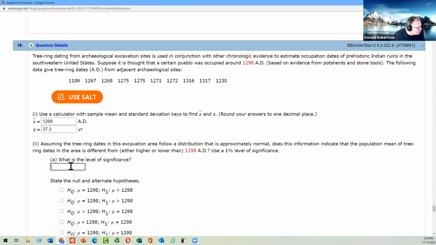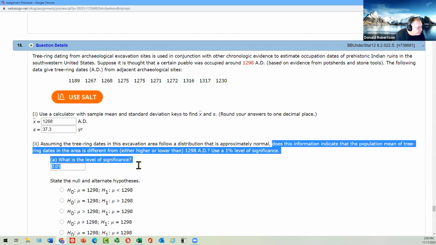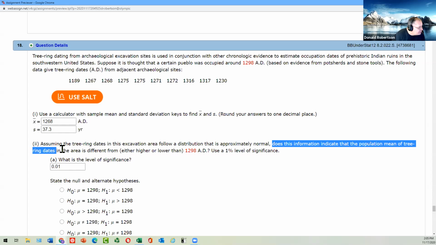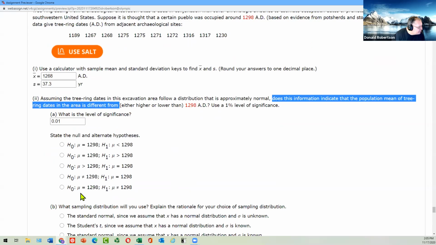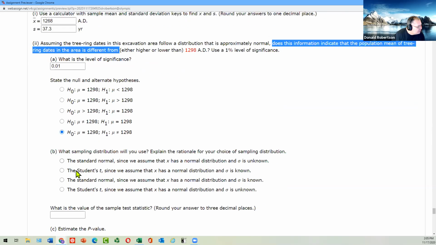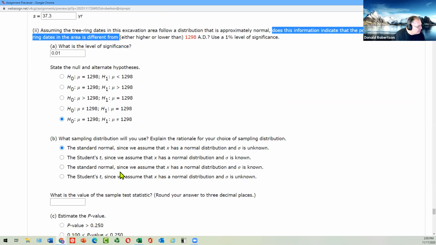Significance level is 1%. Now, what do they want us to show this time? Does this information indicate that the population mean from the tree area is different from the other number? Right, so is it different? Is that one, right? Not the same as equals. And that's the standard answer.